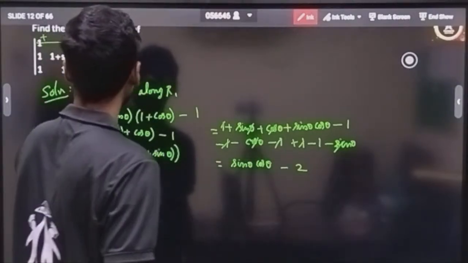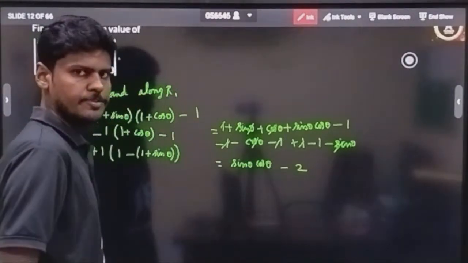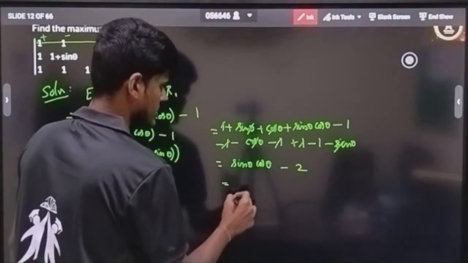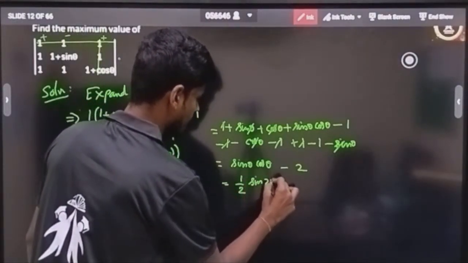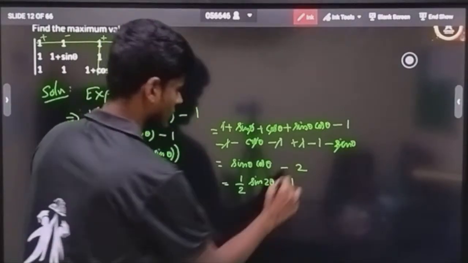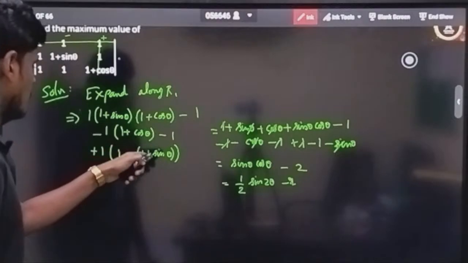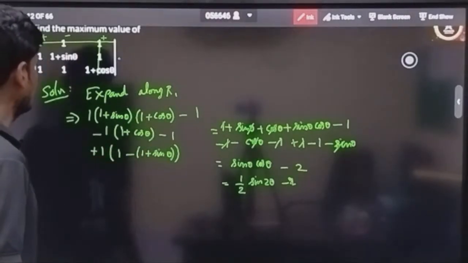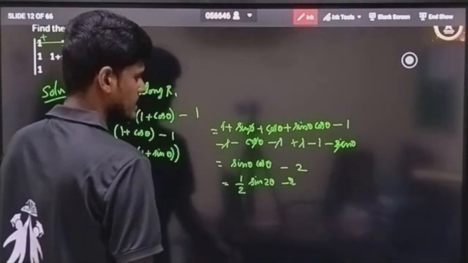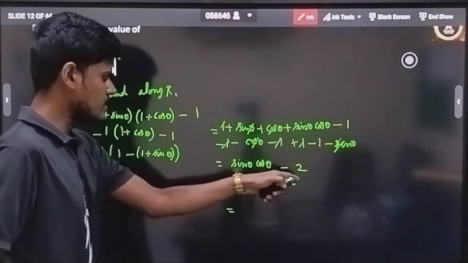So what is sin theta cos theta? Sin theta cos theta is nothing but half of sin 2 theta. So this is equal to half of sin 2 theta minus 2. Correct. So the final answer is half sin 2 theta minus 2.